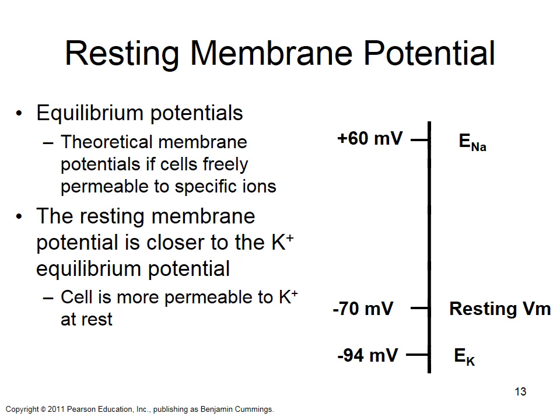If you open even more channels for potassium, more potassium leaves, fewer cations inside, means more negative charge inside, lowering the membrane potential. Because cells are already permeable to potassium, resting membrane potential lies really close to the equilibrium potential for potassium. Let's look at the equilibrium potential for sodium.